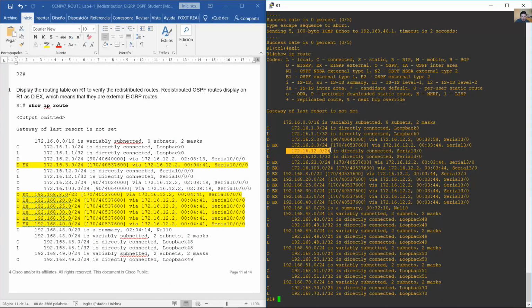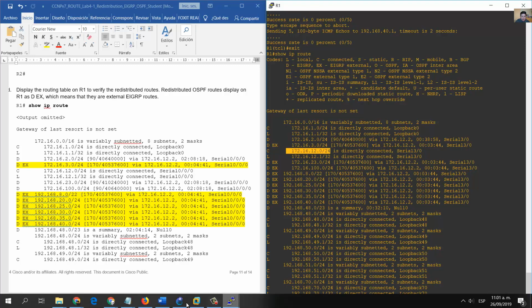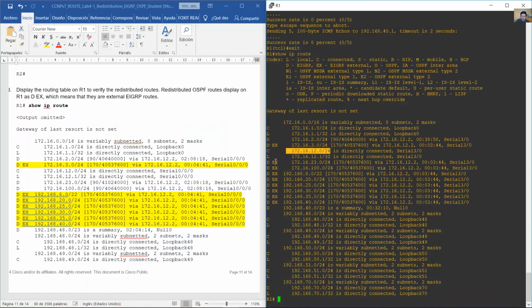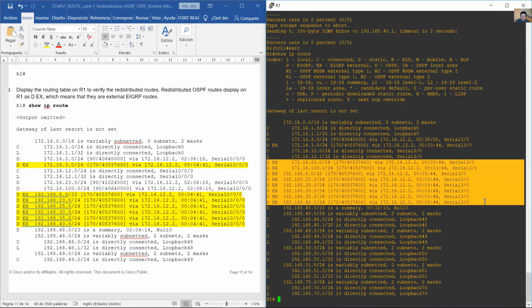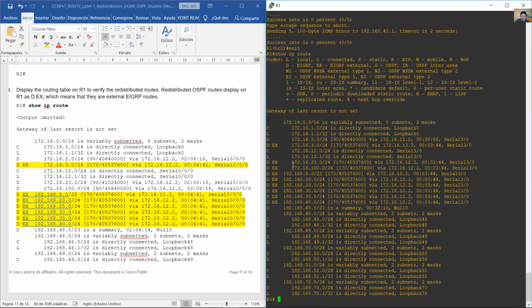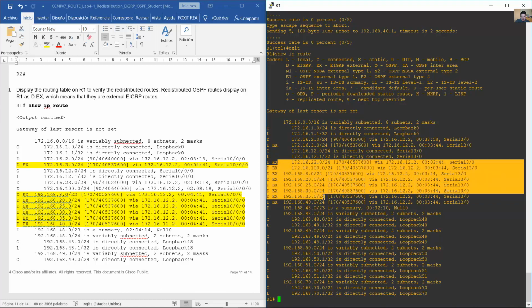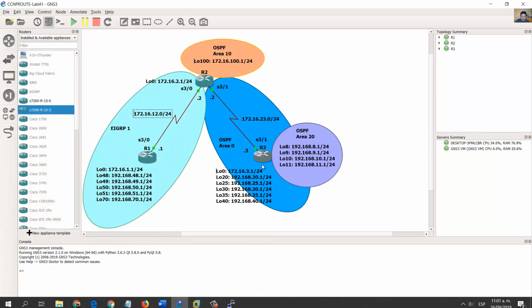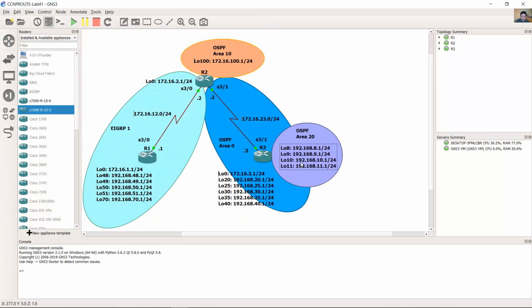Directly connected network 12.0 on the serial interface, this network. All this EIGRP external: 23.0, 100, 8, 20, 25, 30, 35, and 40. All the loopback interfaces on R2 and R3.